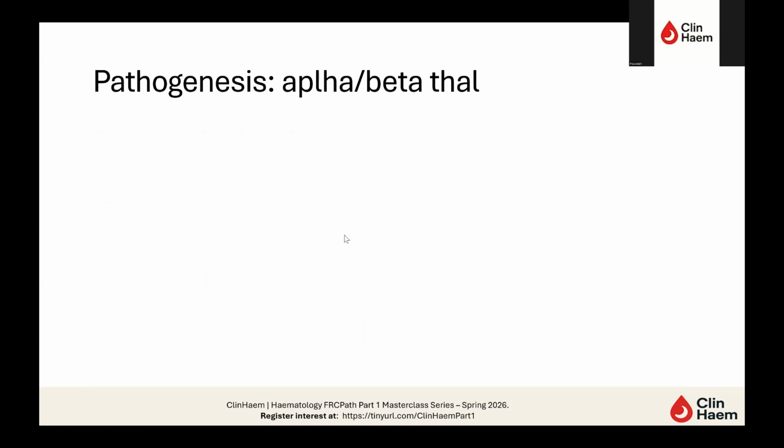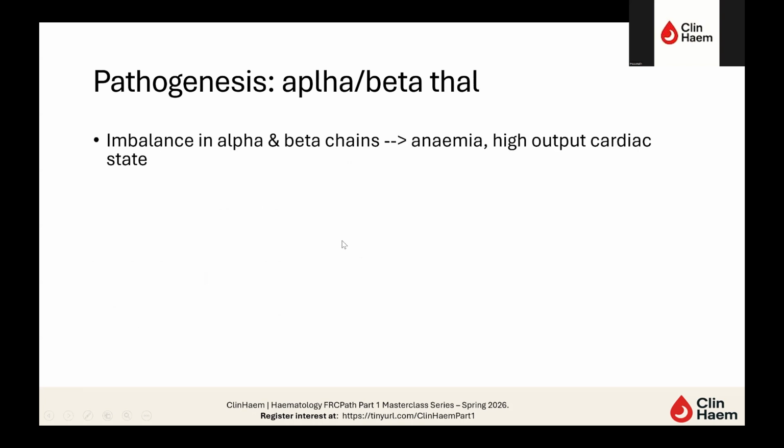Okay, so what actually happens if you have alpha or beta thal? One of the chains would be produced in low amount and the other one would remain in excess. This imbalance is not good because the excess of the chains, alpha or beta, cause lots of problems.